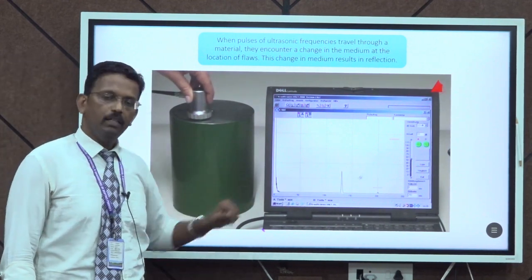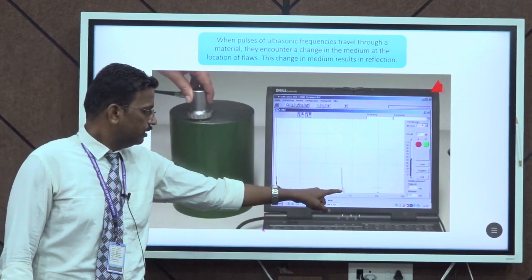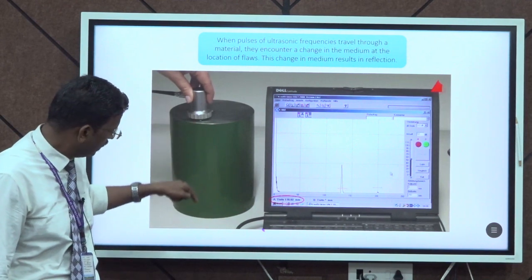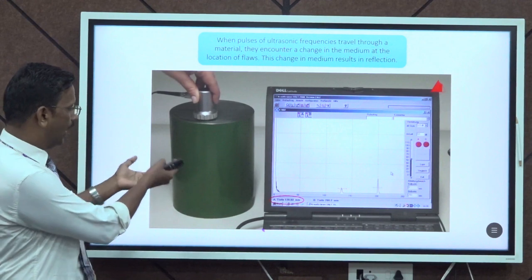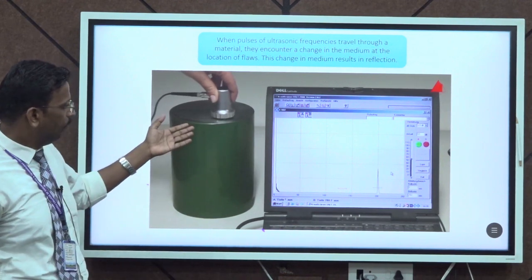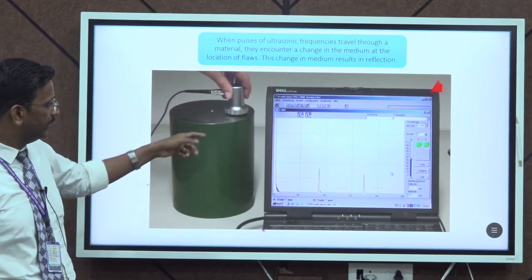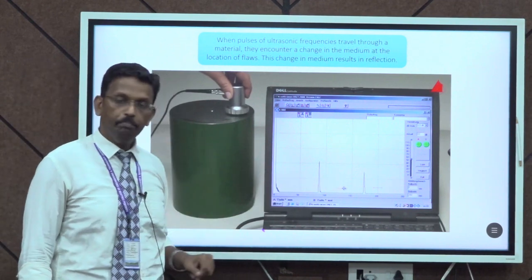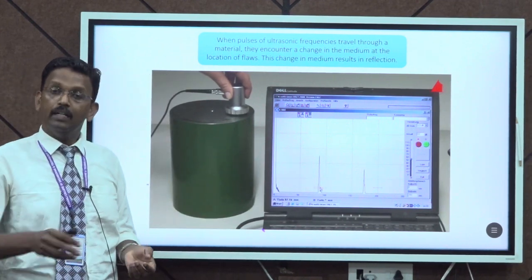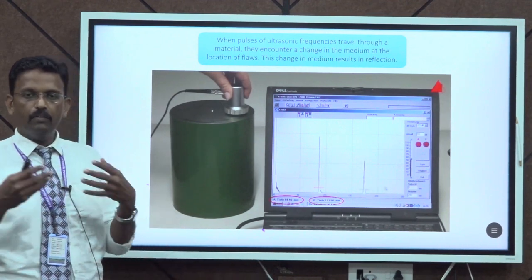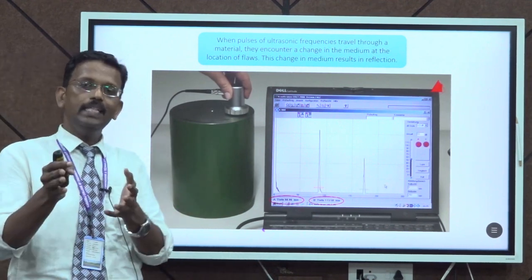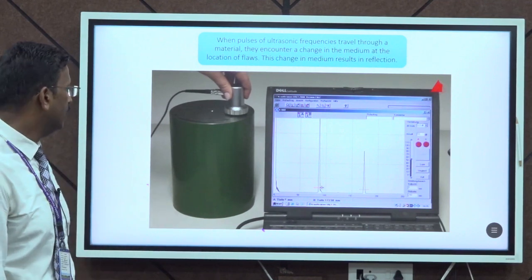Yes, here you can see that some kind of flaw is present in this area, but visually we cannot identify the flaw, but with the help of ultrasound we can easily detect it. Here we get another peak. So, it means that another different kind of flaw is present in this specific area, but our human eye cannot see such kinds of flaws, right.